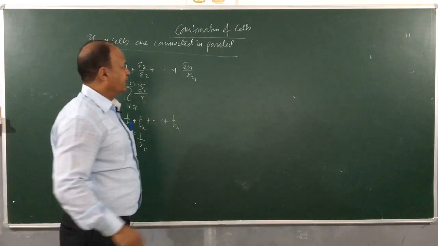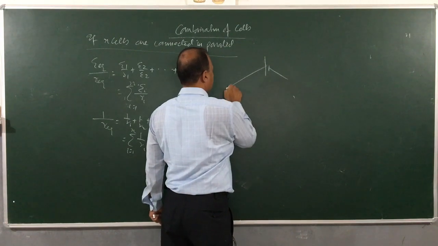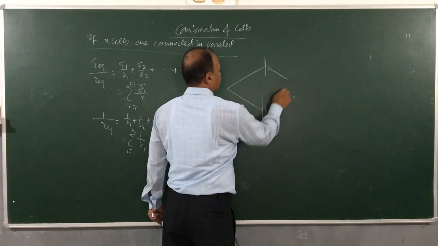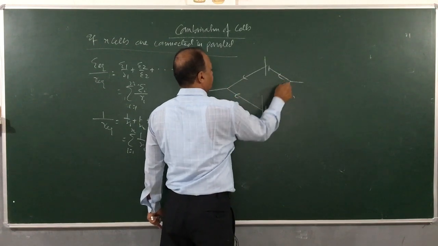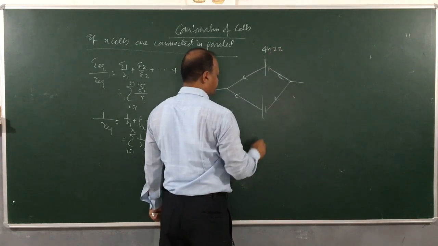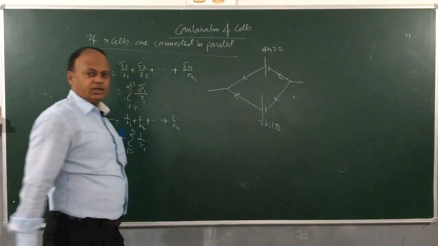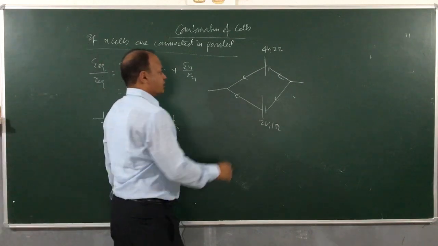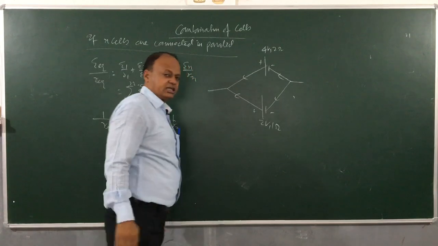Imagine here I connect two cells. Here we have 4 volts, 2 ohm, 2 volts and 1 ohm. These longer plates are positive, as you know, shorter plates are negative.